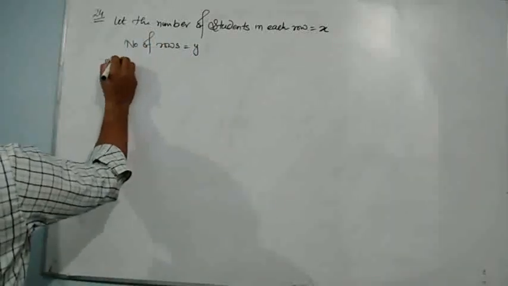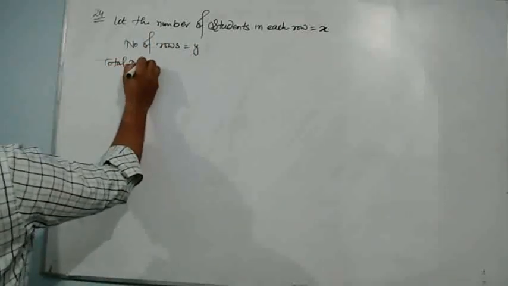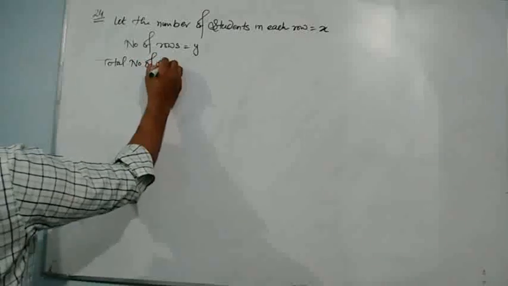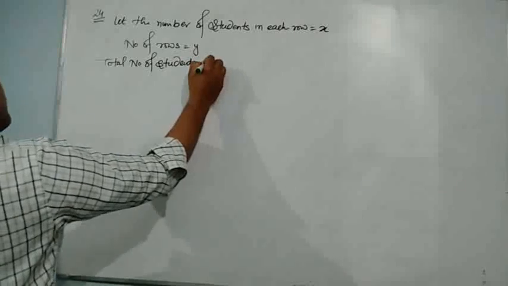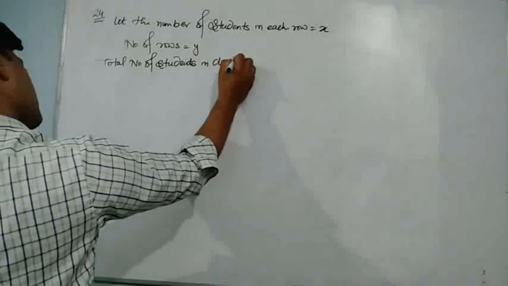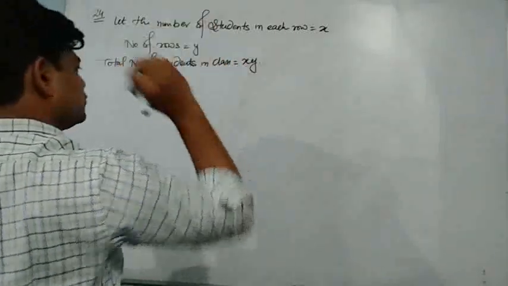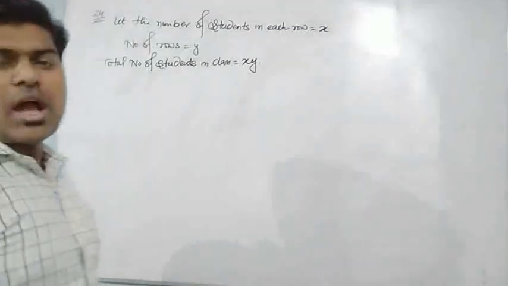Then the total number of students in the class is equal to x into y. Now I am moving to the question.